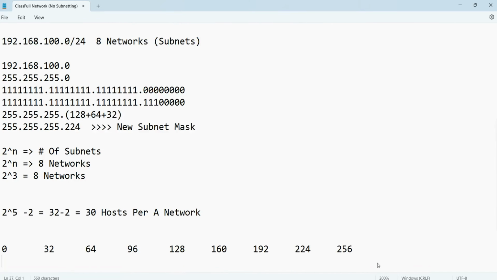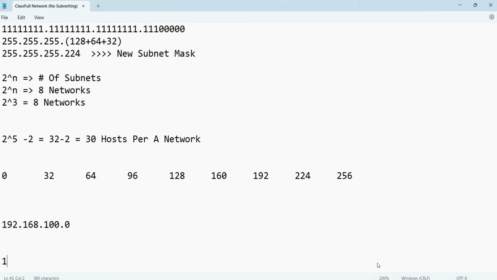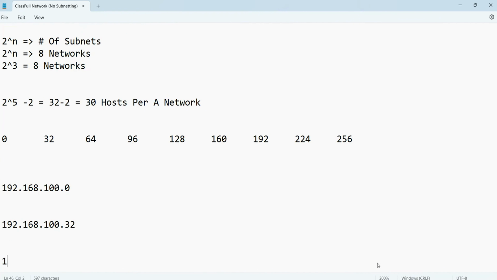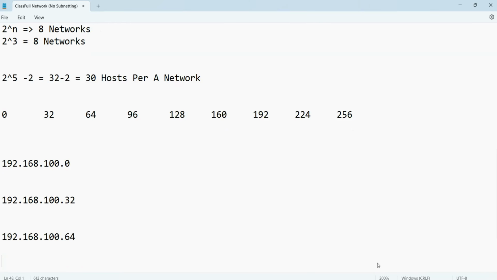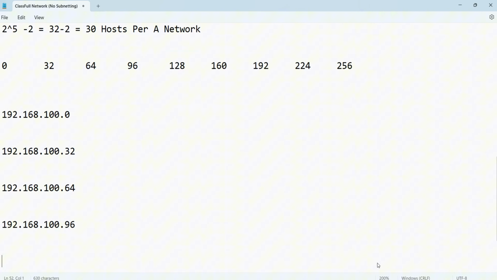Okay, so what I do is this. The first 3 octets don't get modified. So 100.0 is my first network. What is my next network? 192.168, 100.32. What is my third network? 100.64. You see that? What is my fourth network? 100.96.